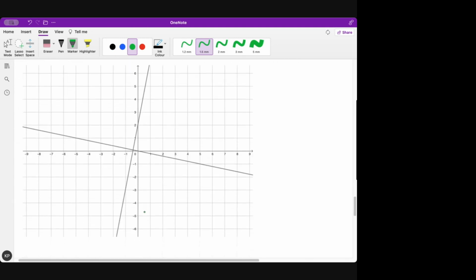Okay. Now, here's another way. So we have done the way where you have an equation and you just look at the gradient. And then we've done one where you get coordinates and you find the gradients. Now we have a graph. What are we going to do with these 2 graphs, guys?